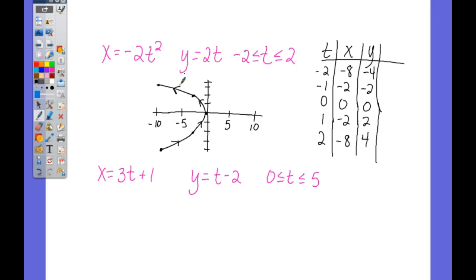Okay, so how did I know which way these arrows went? Because I started at -8 and then I went to here, okay? So I draw an arrow and that's how the curve goes. All right, so it's dependent on where you start and where you end. And that's how the arrows go.